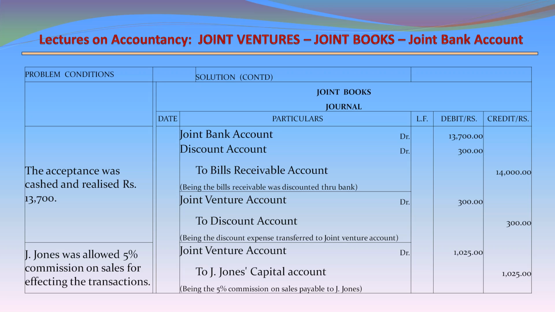Next transaction. J. Jones was allowed 5% commission on sales for effecting the transactions. Joint venture account debit 1,025 to J. Jones capital account 1,025, being the 5% commission on sales payable to J. Jones. This commission is calculated on the total sale proceeds, both cash and credit.